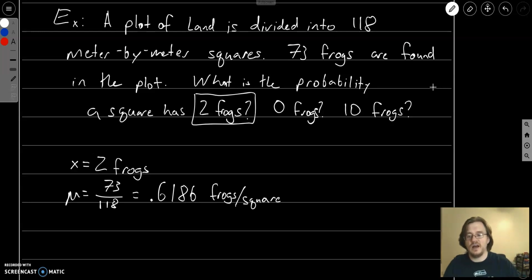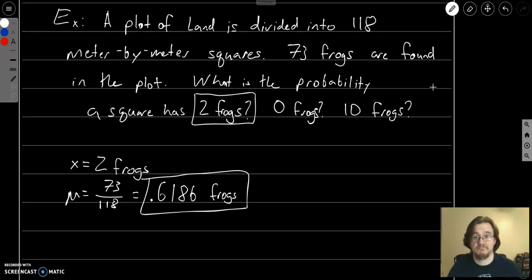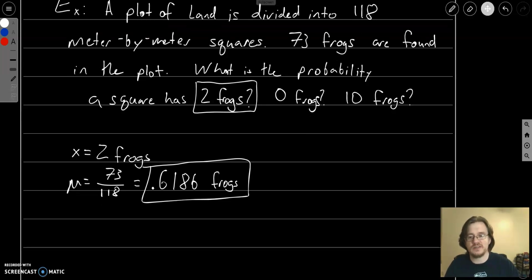So on average, we're going to have 0.6 frogs in each square. Now you can't have 0.6 of a frog. That would be kind of gross. But what this means is that on average, the mean will be 0.6. Some squares will have frogs, and some squares will have no frogs.